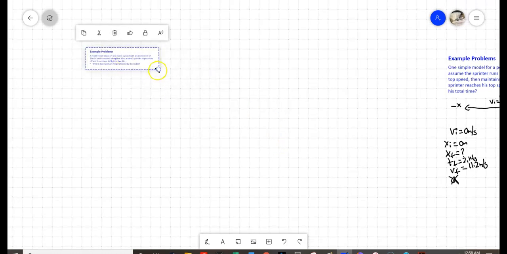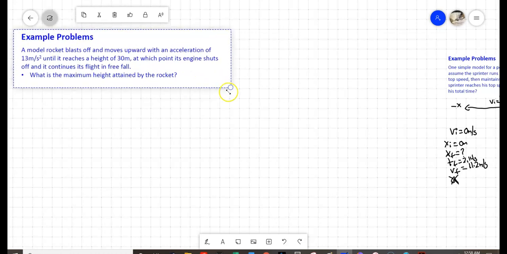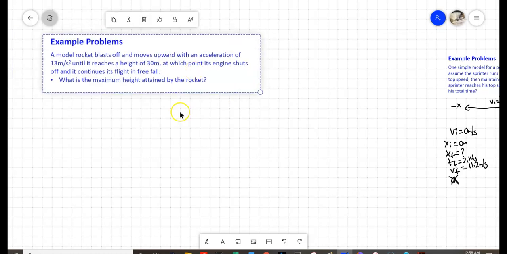We have a rocket blasting off, moving upwards with an acceleration of 18 meters per second squared until it reaches a height of 30 meters, at which point its engines shut off and it continues its flight in free fall.